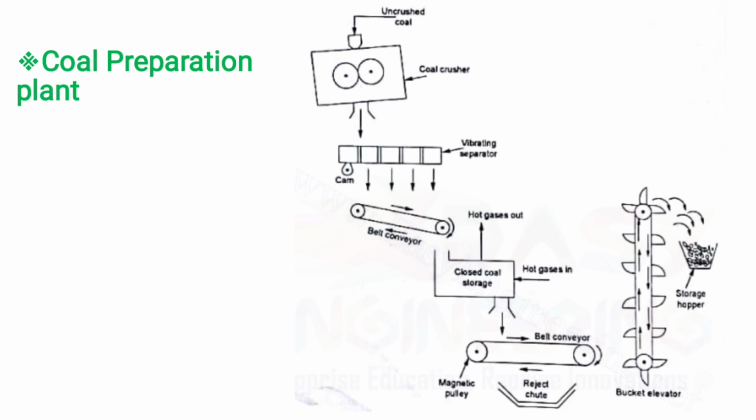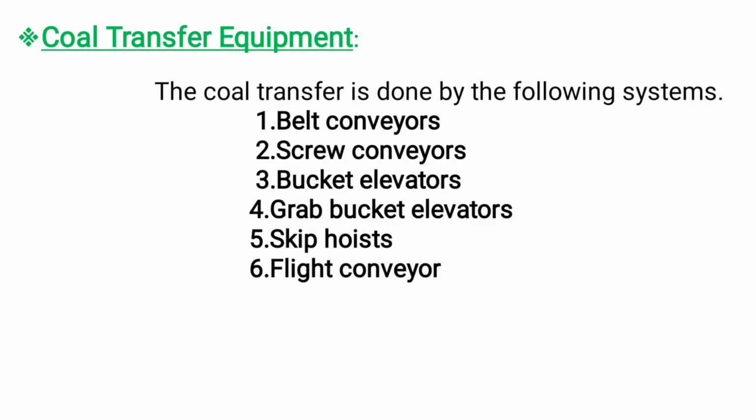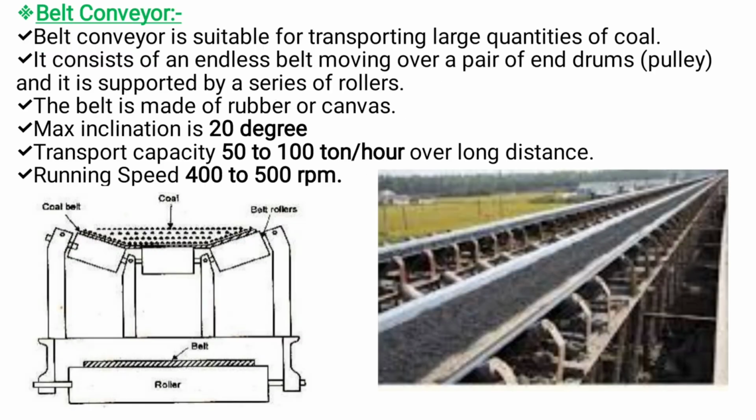There is a belt conveyor which feeds the bucket elevator, then the storage hopper. Coal transfer equipment: belt conveyor, screw conveyor, bucket elevators, grab bucket elevator, skip hoist, and flight conveyor. These are the topics we are seeing above.